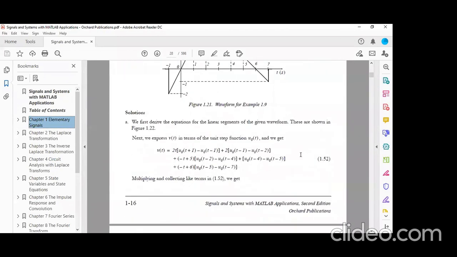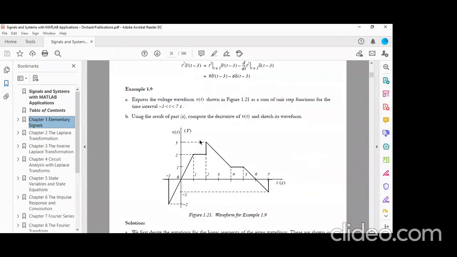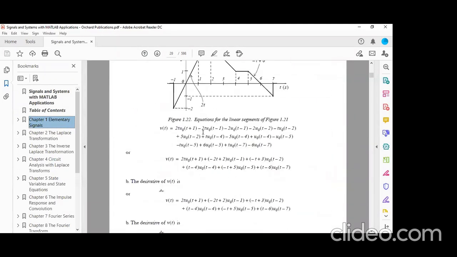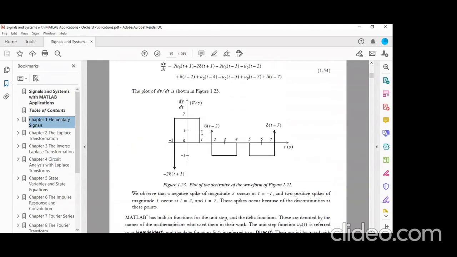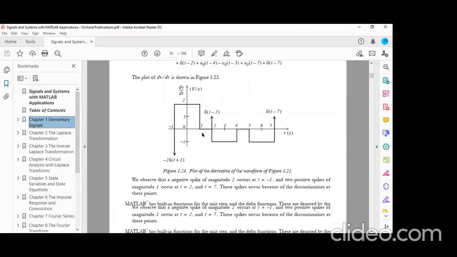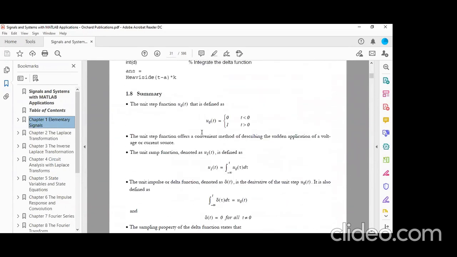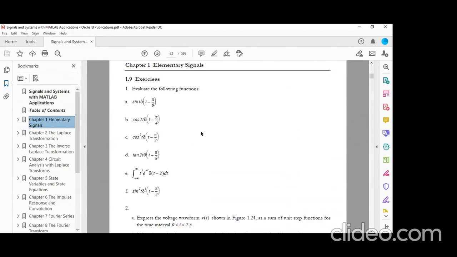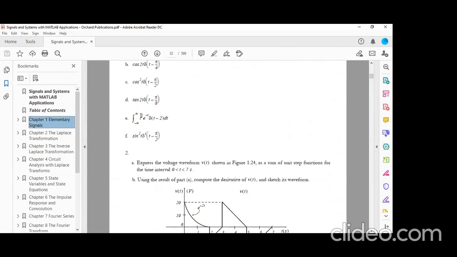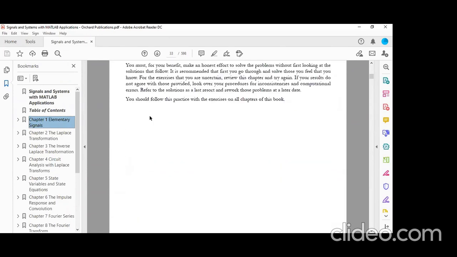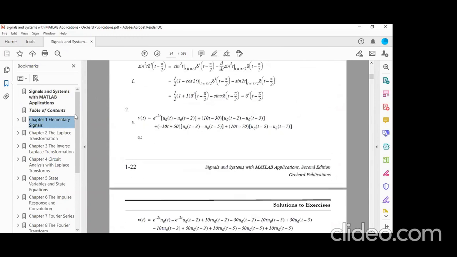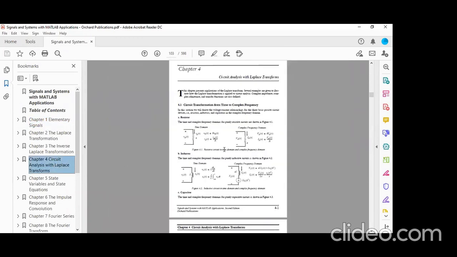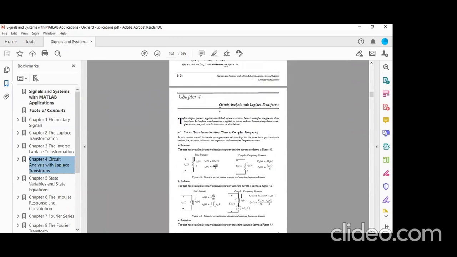I'd especially like you to look at example 1.9. Look at the example and the solutions for chapter 1 and chapter 4. Chapter 4 has to do with Laplace transform applied to circuit analysis. So those two especially.